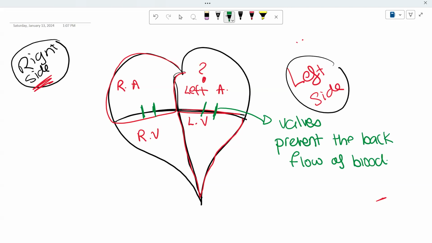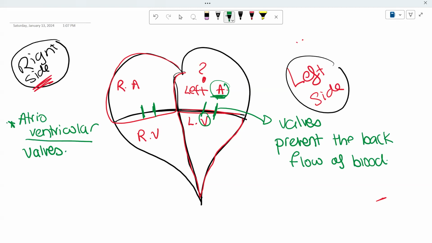Now, the valves that are found between the atria and the ventricles are together called the atrioventricular valves. Please say that with me, because the names of those valves are important for year 10.